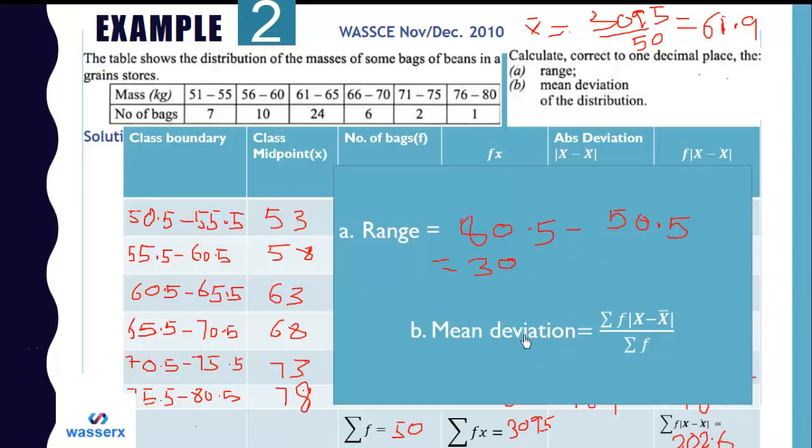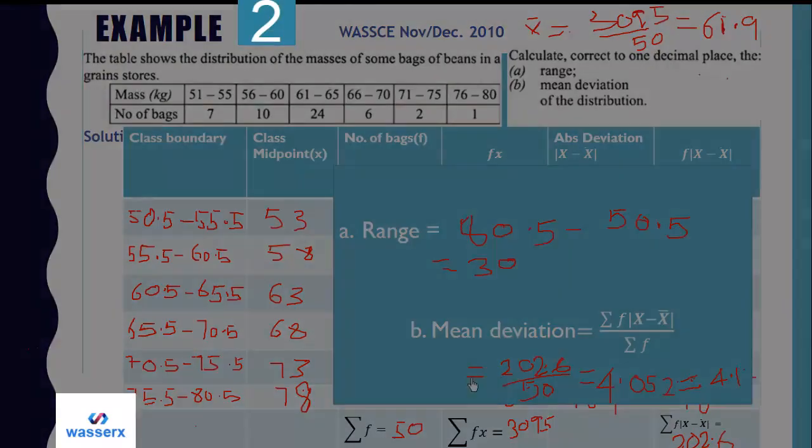Then the mean deviation is given by 202.6 over 50, and that will give us 4.052, and when you round this to 1 decimal place, this will be 4.1.